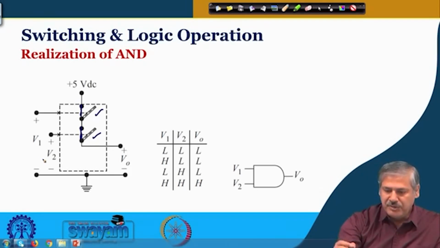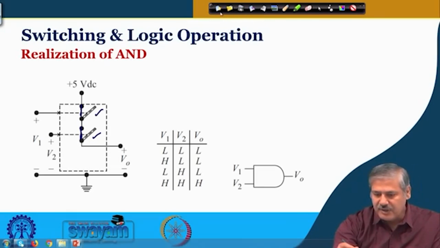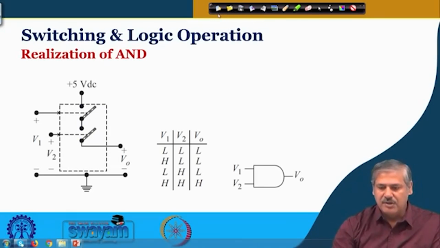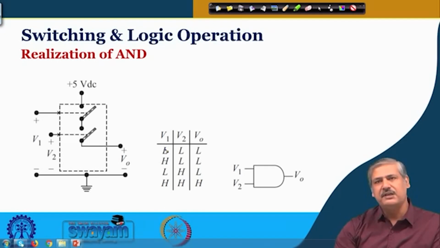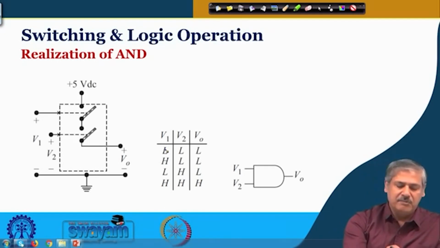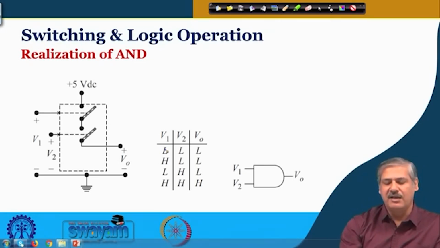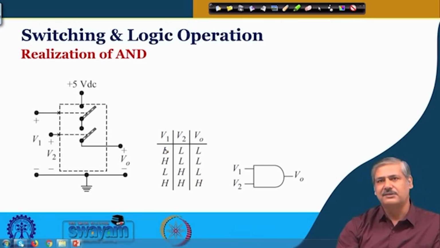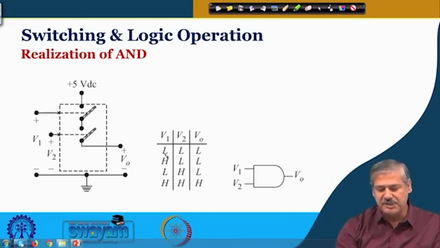So, when we look at it from the logic circuit point of view, this V1, V2, V0, what kind of logic do we see? That when both V1 and V2 are high, output V0 is high. That is how we read it, is it not? That is how we phrase it. And the corresponding table is what you see over here.